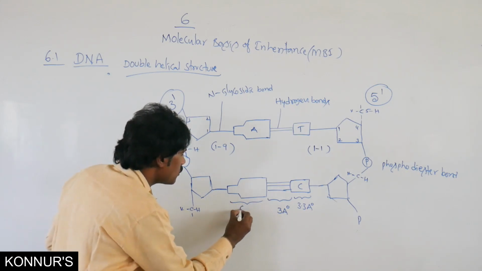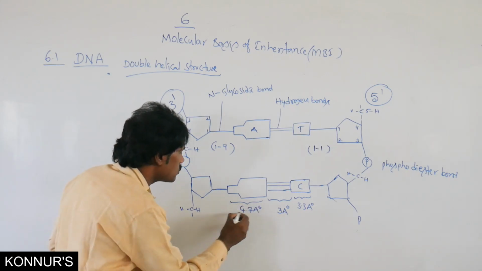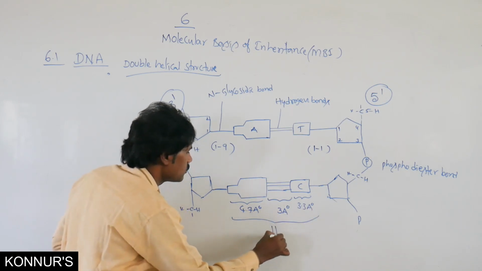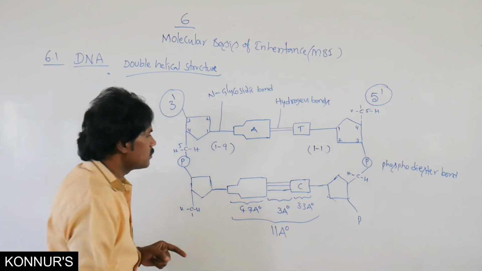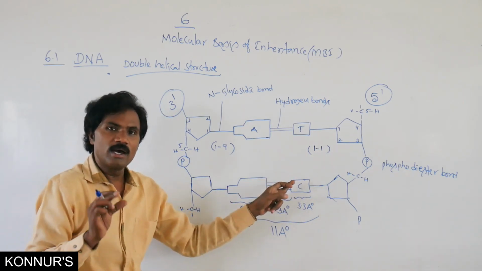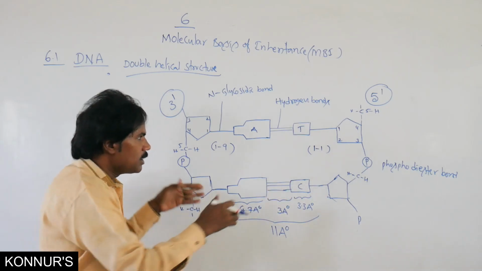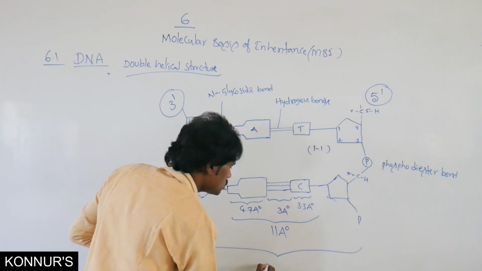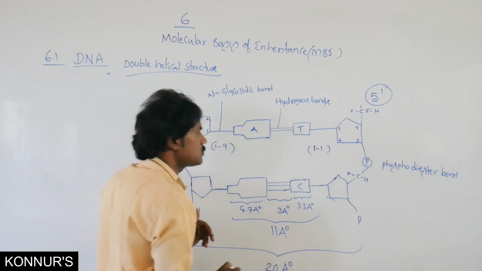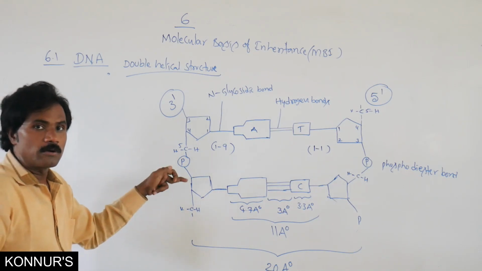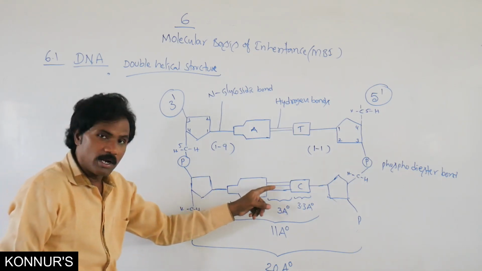The purine is 4.7 angstroms. If you calculate all these, that is 11 angstroms. So, between nitrogen bases, what is the diameter? 11. Between the two helices, from here to here, this is 20 angstroms. Adjacent one, 3.4, that is very important.